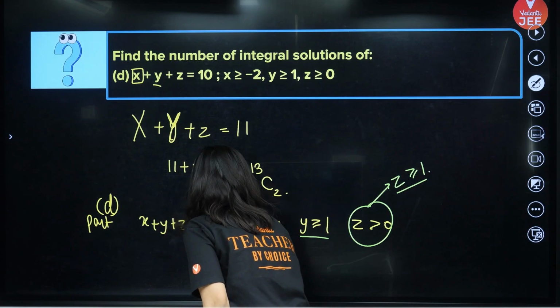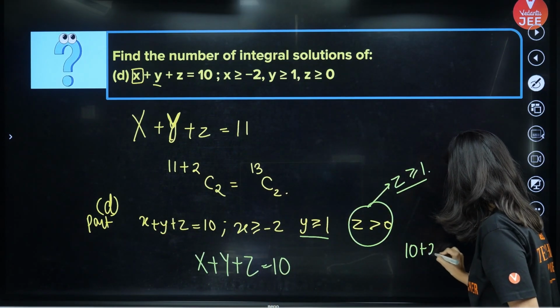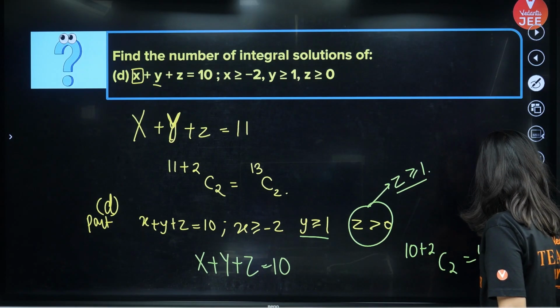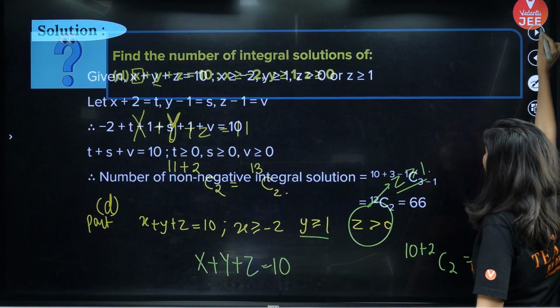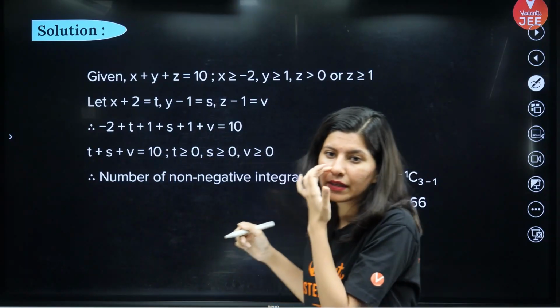So basically x plus y plus z is becoming balanced. So again 10 plus 2 C2, so 12C2. This is what has been done in this solution. Okay. All right. Clear? Any doubts?